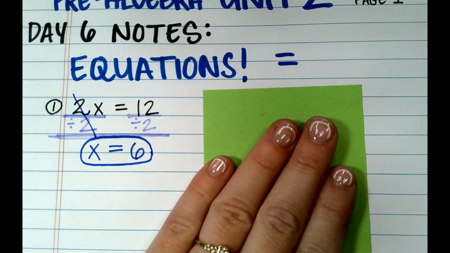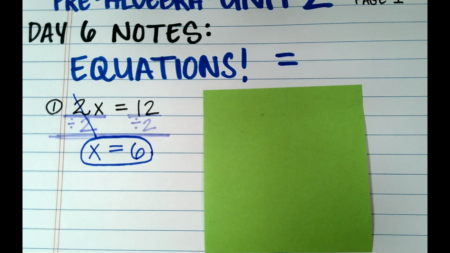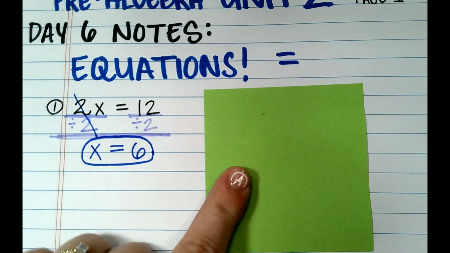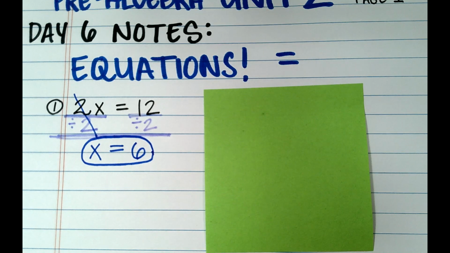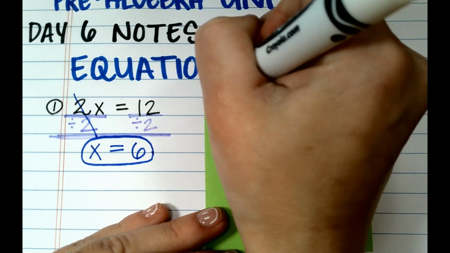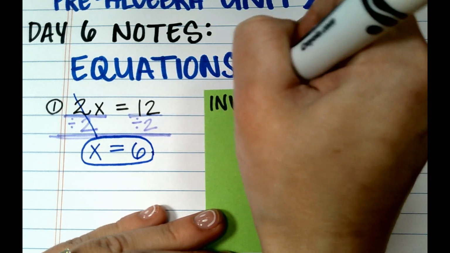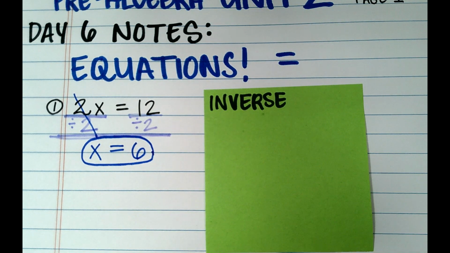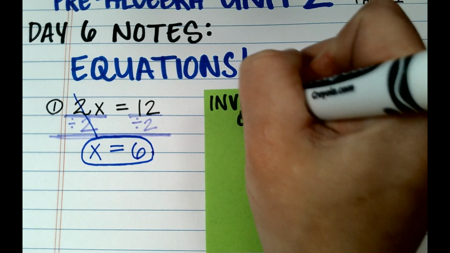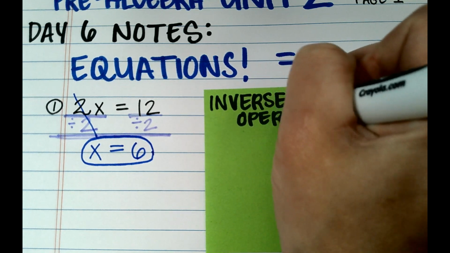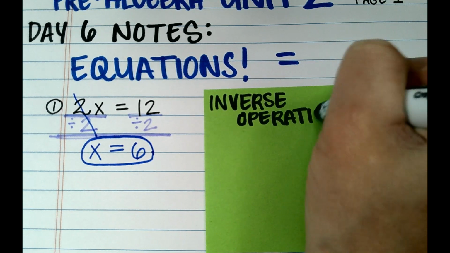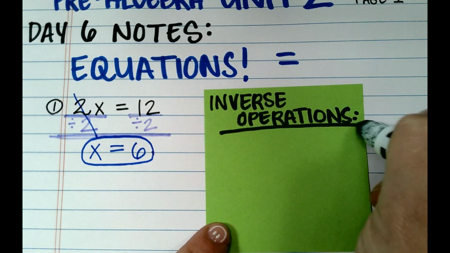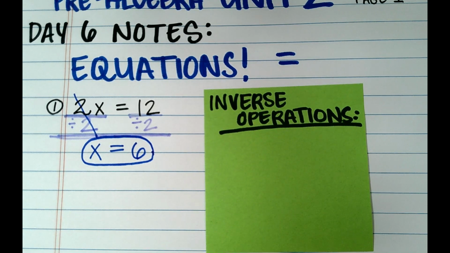And we are going to rewrite, you might already have this note, but we're going to write it again. When we solve an equation, we use what are called inverse operations. Now, you might already have the sticky note, so you don't have to write it again.